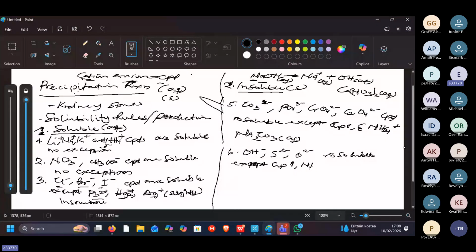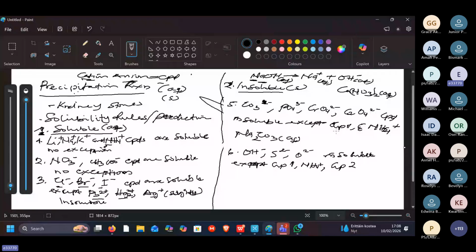And of course ammonium, it becomes soluble. And here again, those having the +2 charges become soluble. So that's the rules here.